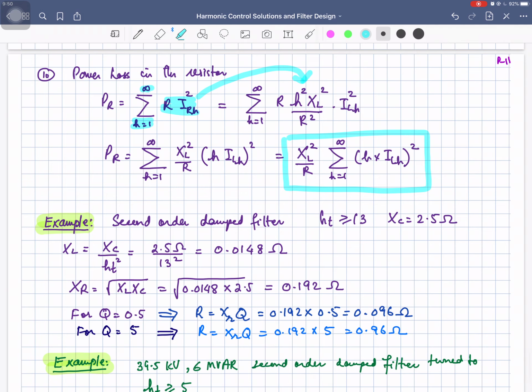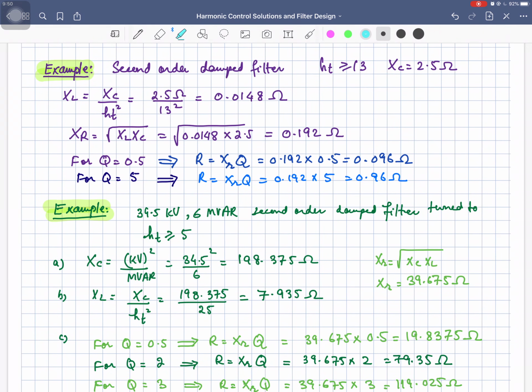Okay, now let's look at the example related to the second order damped filter. The tuned harmonic HT is 13, XC is 2.5 ohm. So what will be XL? What will be the required reactance? So that can be calculated simply by using this expression. This should be the reactance.